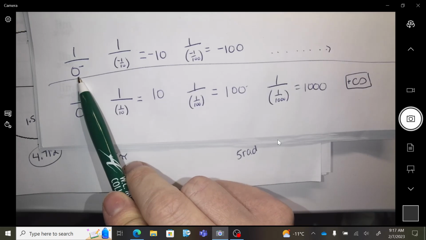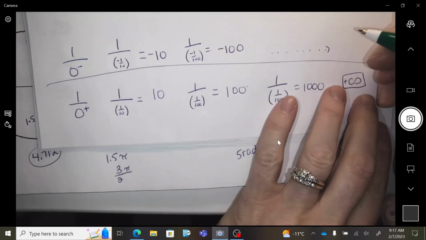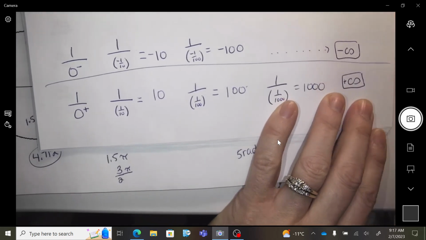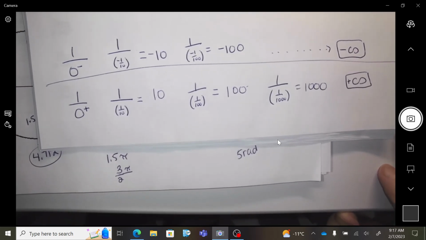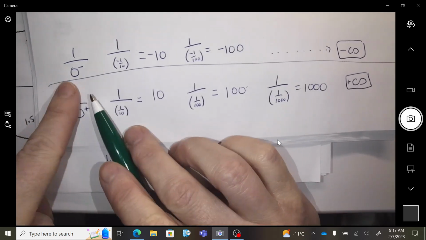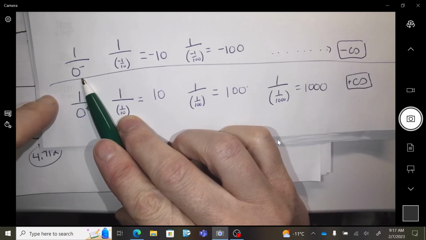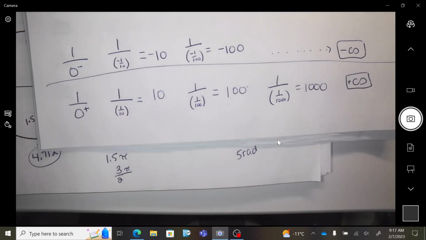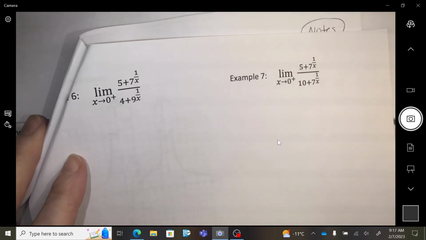If the bottom is getting smaller and smaller, then the number is getting bigger and bigger, but this one is negative. So think about the bottom of a fraction. If the bottom of the fraction gets bigger, your number gets smaller, closer to 0. Here, the bottom was getting smaller, closer to 0, so your number got bigger. Okay, so let's put that into play here.